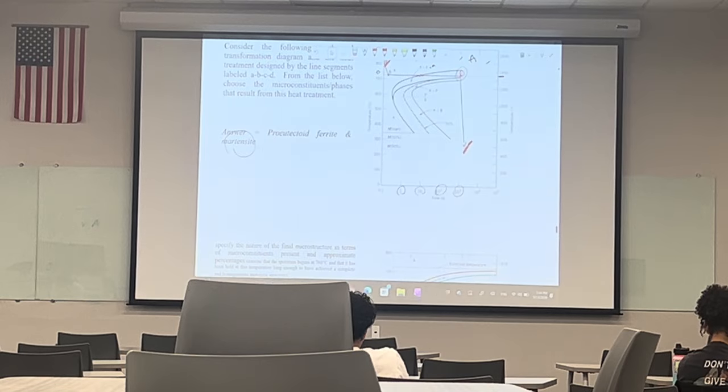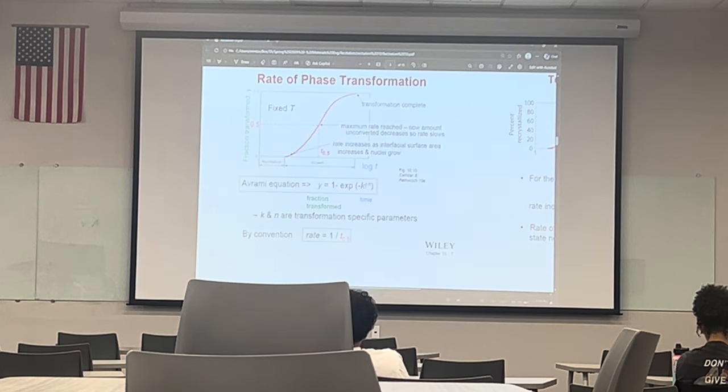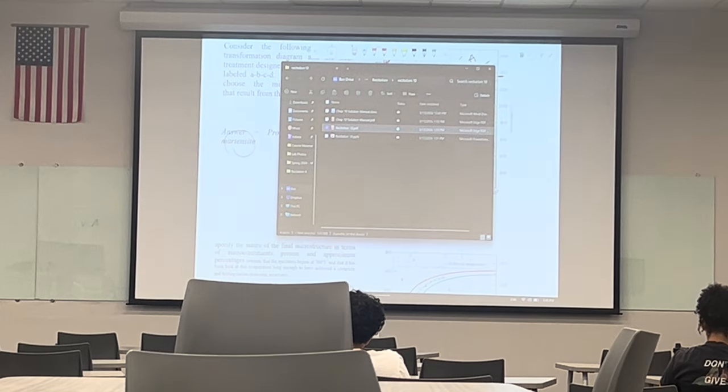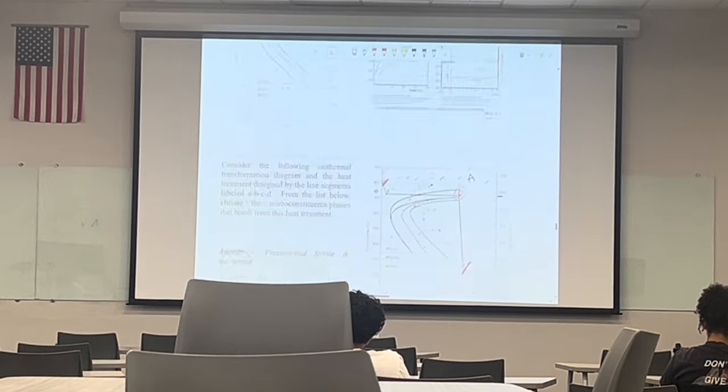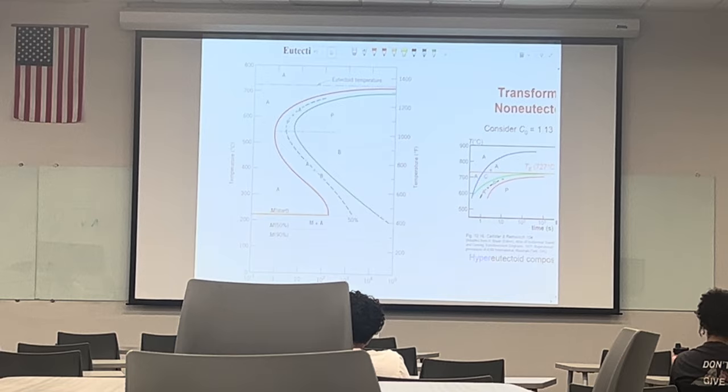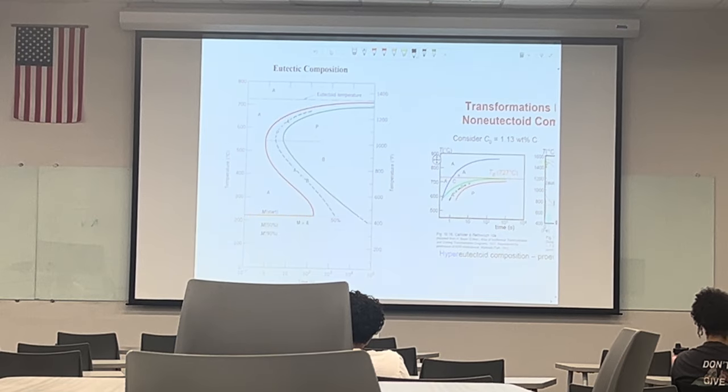But do you remember what happens when, let's go back to this diagram for eutectoid composition. We have austenite here. If we cool it down to this temperature, the austenite is going to turn to pearlite. This is just a quick review, if you forgot it.